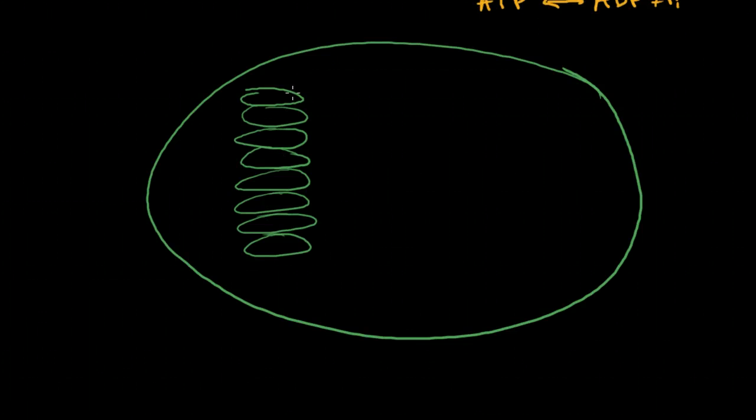The stack of thylakoids is called a granum. I'll just write these words up here. So each one of those pancakes is a thylakoid. The stack of them is a granum. So the plural would be grana. And then all the syrupy stuff here is called the stroma, S-T-R-O-M-A.